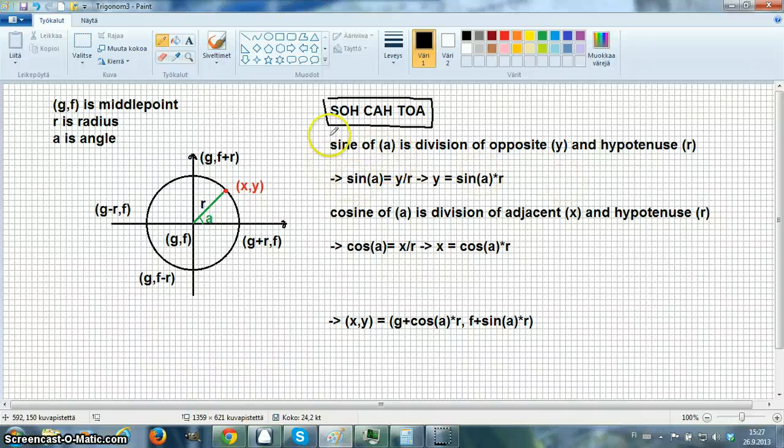Okay, so we can translate this as we know the radius and we know the angle.